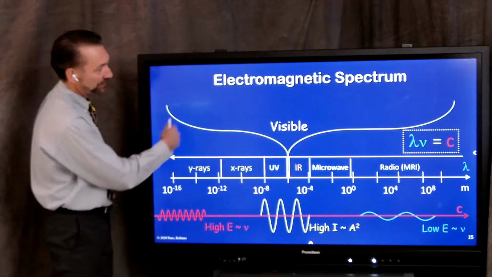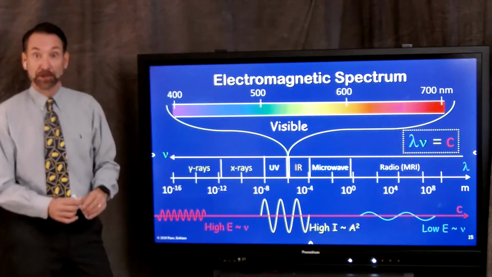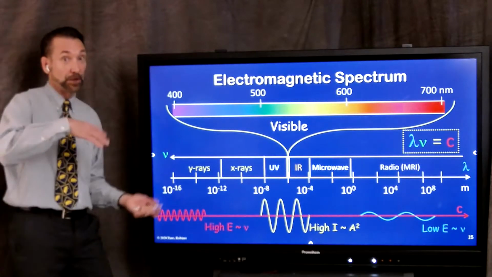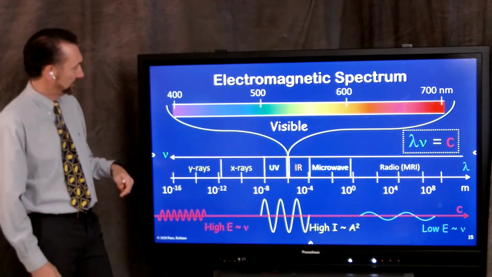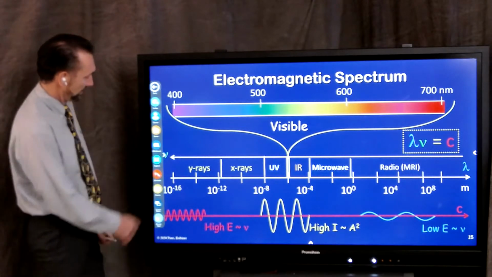And of course, the visible region is just stuck right in there. And you should be very familiar with those wavelengths and colors. So there's a mnemonic. What is it that you do, the Roy G. Biv thing?